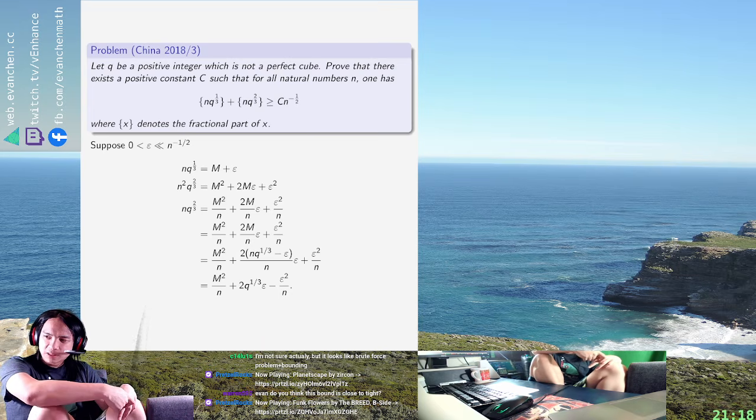I need to write down some formulas because of the constants involved here. Do I care that q is an integer?